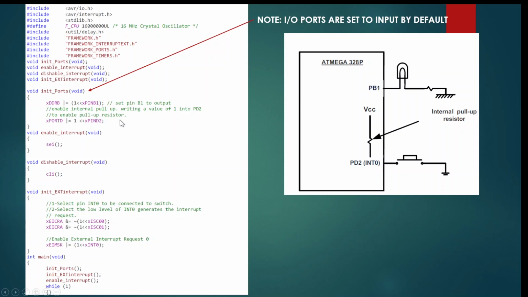And then the next thing I do is enable an internal pull-up resistor, which is done like this. The fact that I enable this pull-up resistor means that if the switch is open, we're going to have a high signal. When the switch is closed, that's going to go to low.